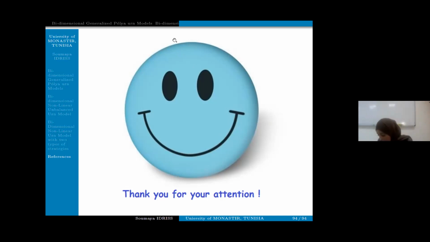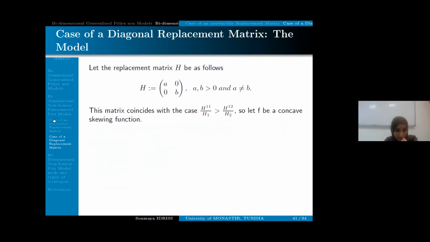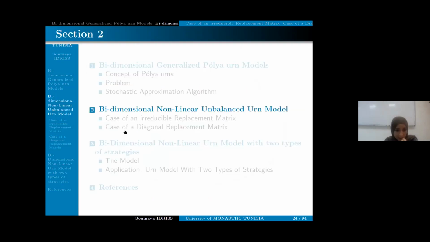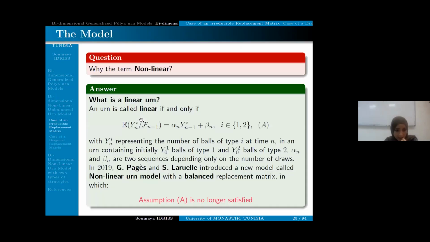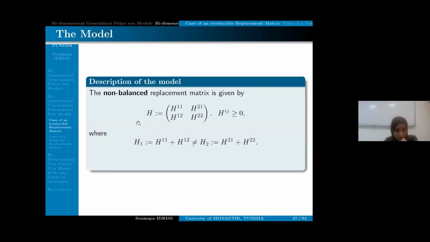Thank you for your presentation that contains a huge amount of information. Yeah, I struggled with putting that amount of information in so few slides. Okay. So my question deals with the replacement matrix H. You give some conditions. Can you replace this condition by the nature of the matrix, whether it is invertible or singular or diagonalizable or not diagonalizable?